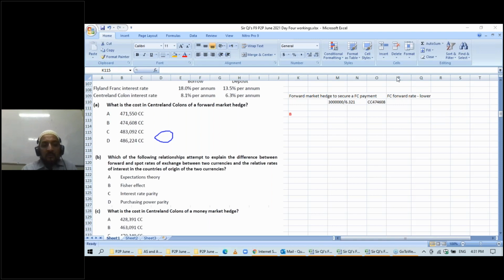The question says, which of the following relationships attempt to explain the difference between the forward and the spot rates of exchange between two currencies and the relative rates of interest in the countries of origin of the two currencies. So it's interest rate parity theorem, which tells you the difference between the spot rate and the forward rate. In case of purchasing power parity theorem, it tells you the current spot rate and the future spot rates difference. So there's a difference between these two.